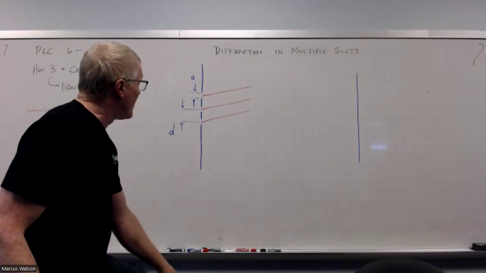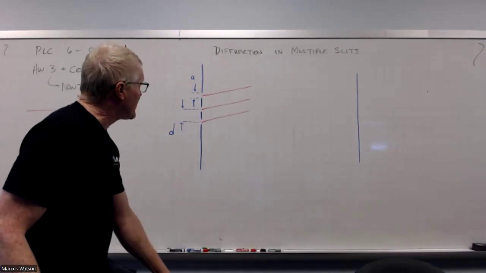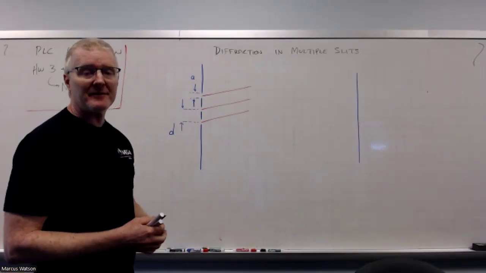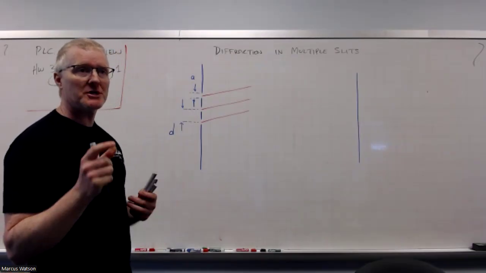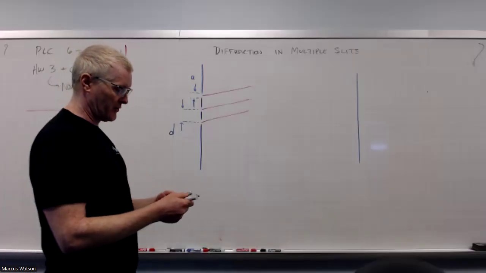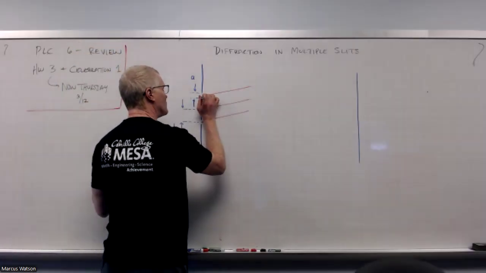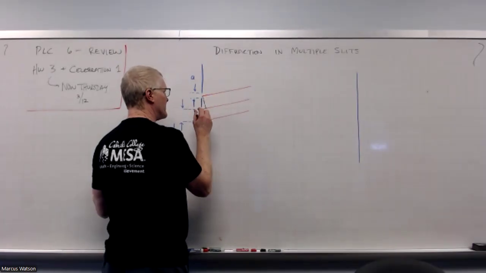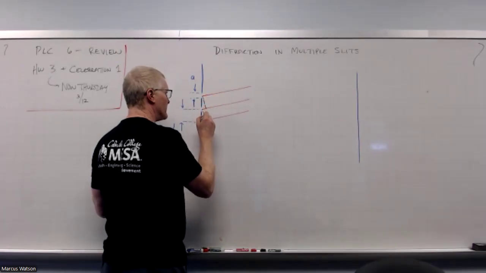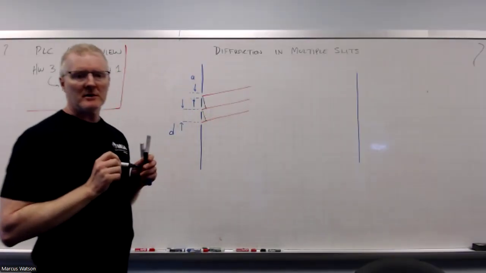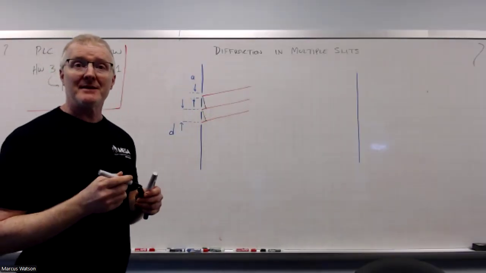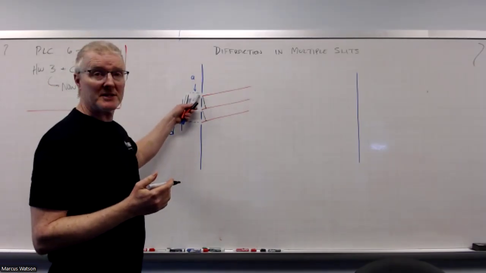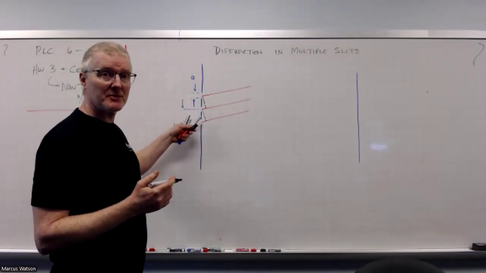Now, let's imagine, for example, that the path length difference between each slit, which I could find by dropping a normal from this one like that, and then dropping a normal from this one like so, those path length differences should be the same, because the D, which is to say the slit separation, is constant between the two, right?